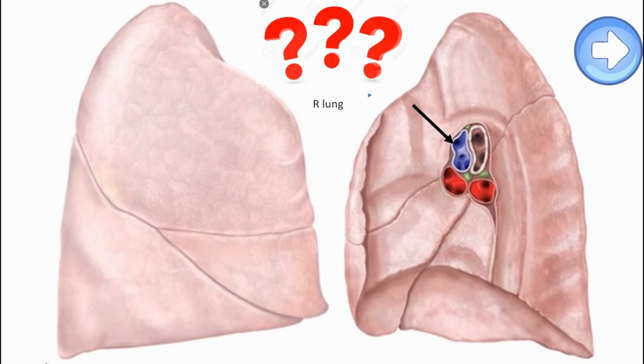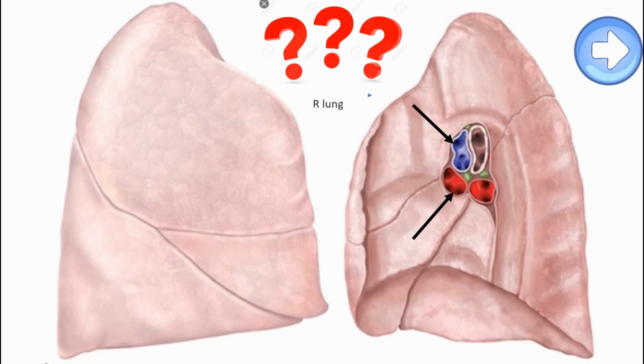What is this? This structure is the blue colored structure, and therefore this is the pulmonary artery getting into the lung, carrying deoxygenated blood. And this red structure is the pulmonary vein, which is bringing oxygenated blood to the heart.